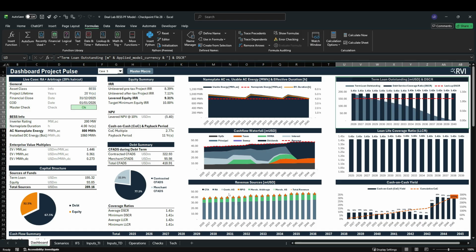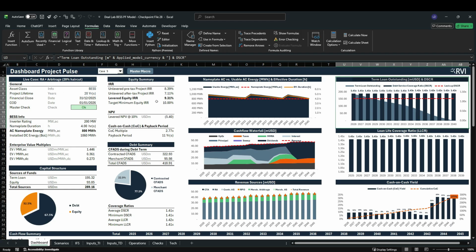And down here in the revenue sources chart, you can see that most of our revenues are contracted and we only have a slight merchant exposure, which is the reason why the overall DSCR is much closer to the contracted 1.3 DSCR over the fully merchant 2.0 DSCR.